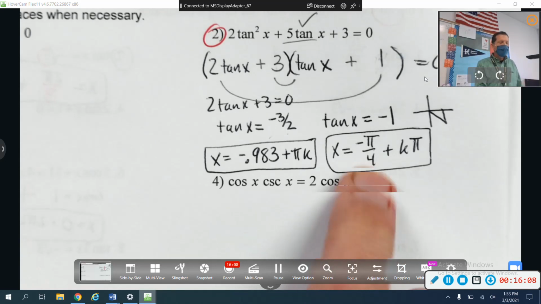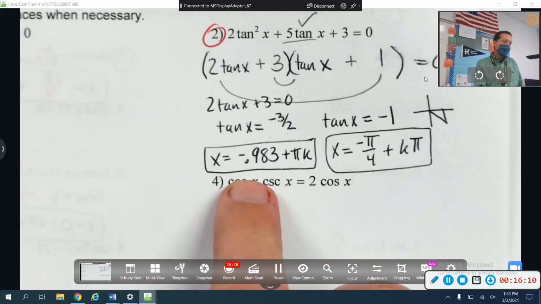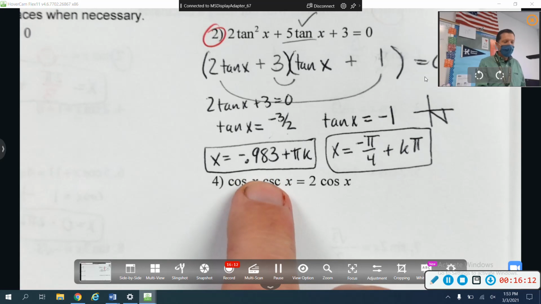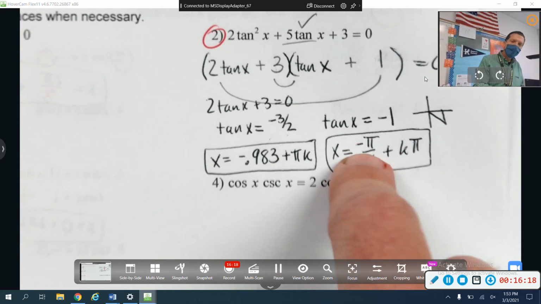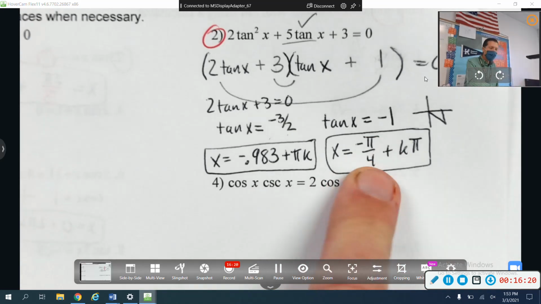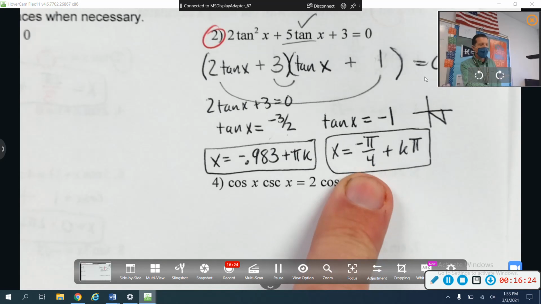So like pi over 4 is an exact value. 0.983, that was rounded. So we'd have to put it on the calculator day test, but we would still expect a unit circle answer for this part of the problem, rather than typing that into the calculator.